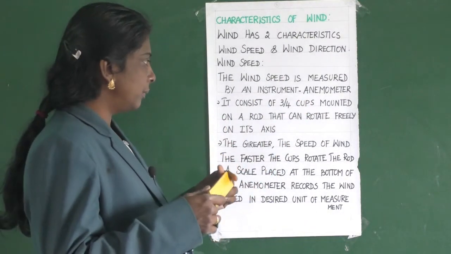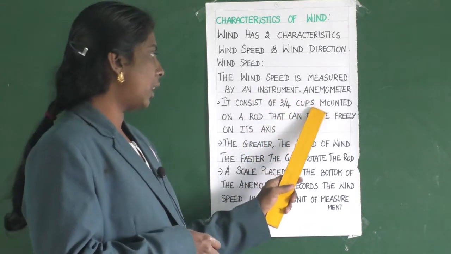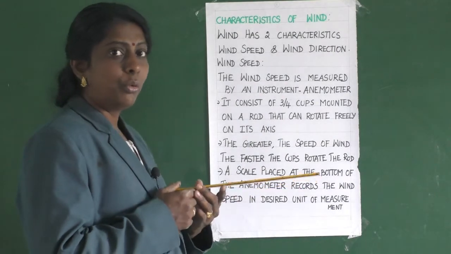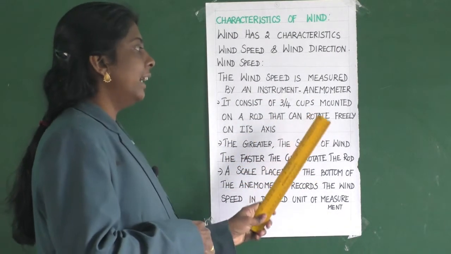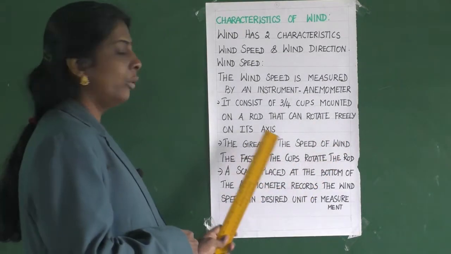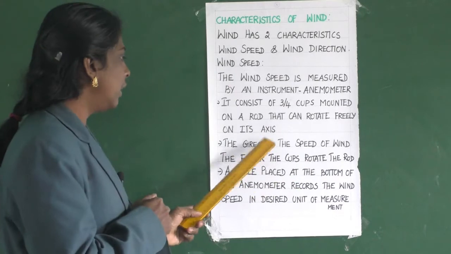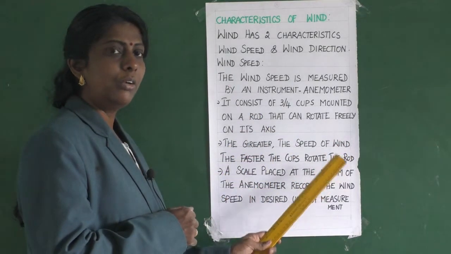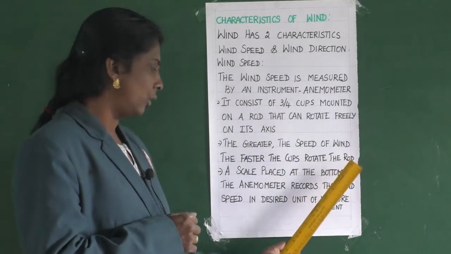Then, how is the instrument? It consists of 3 or 4 cups mounted on a rod that can rotate freely on its axis. So these cups will freely rotate. Okay. The greater the speed of the wind, the faster the cups rotate the rod.